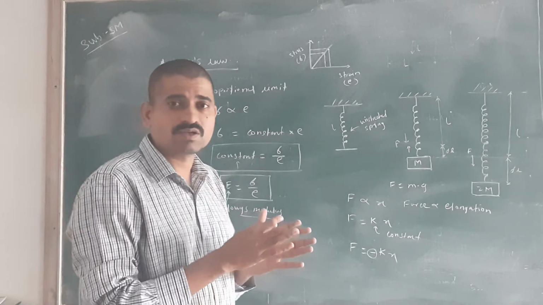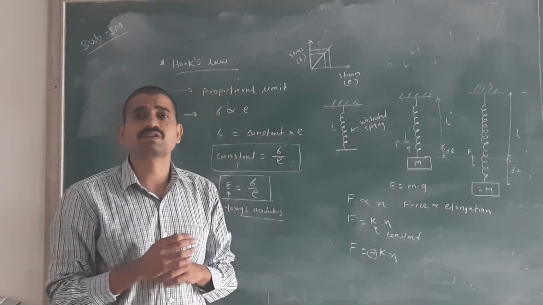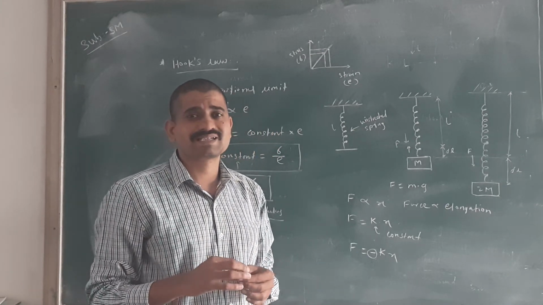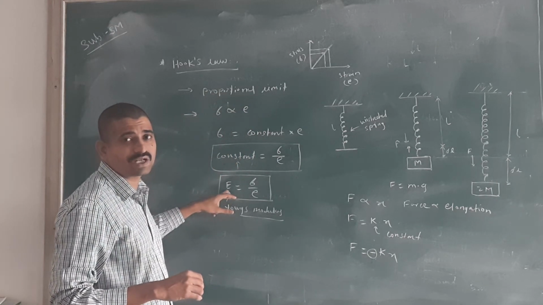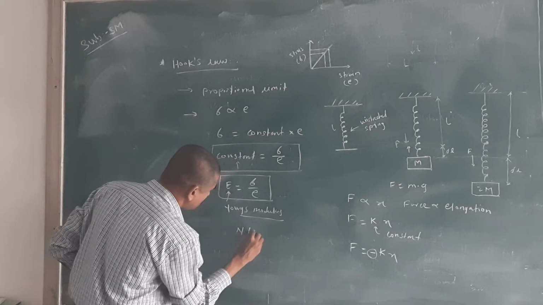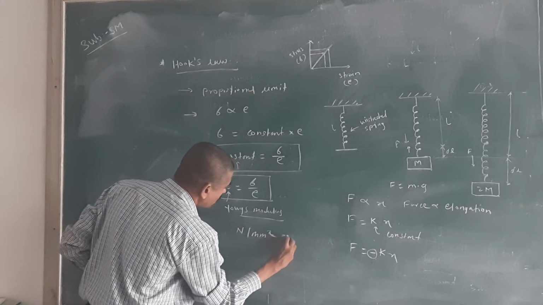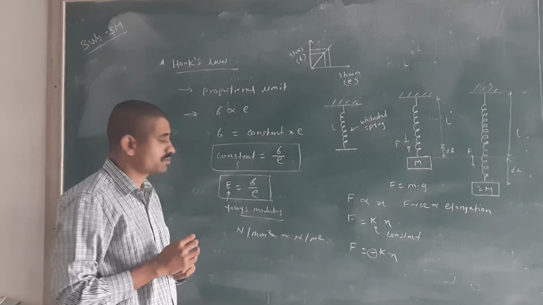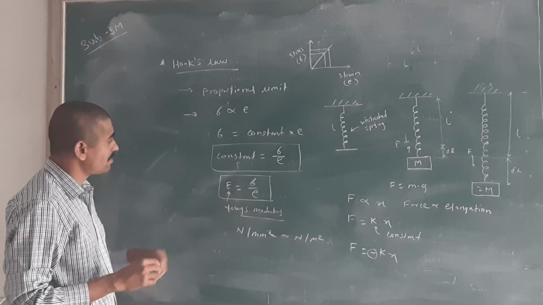When the material is loaded within the elastic limit, then the ratio of stress to the strain is constant, and it is known as the modulus of elasticity, denoted by the capital E. And the unit is Newton per mm square, or Newton per meter square.